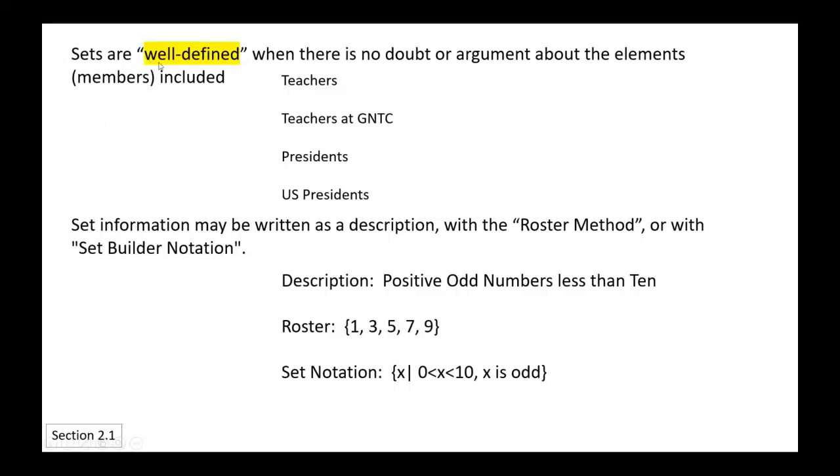So sets are called well-defined when there's no doubt or argument about the members included. So teachers is not well defined. You might think at first glance, well, I know who teachers are, but if I said all of the teachers, do you mean parents also?